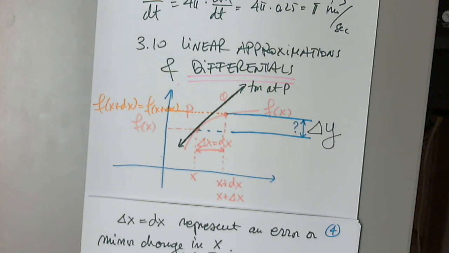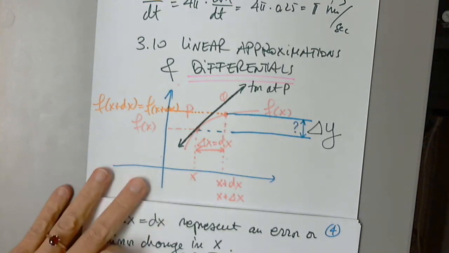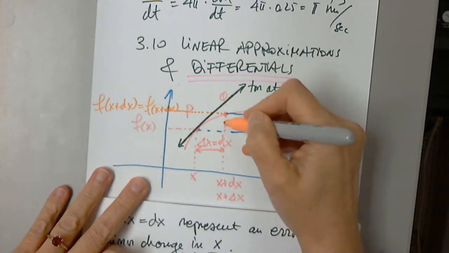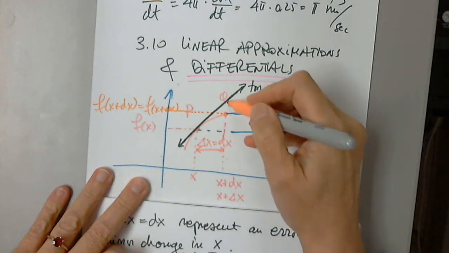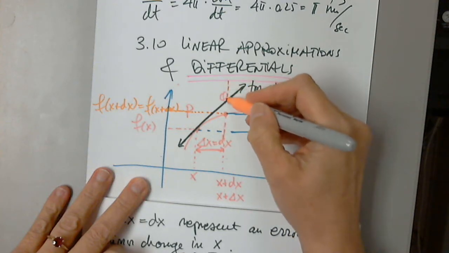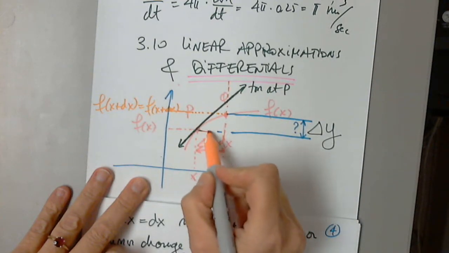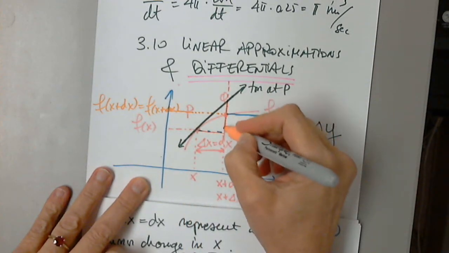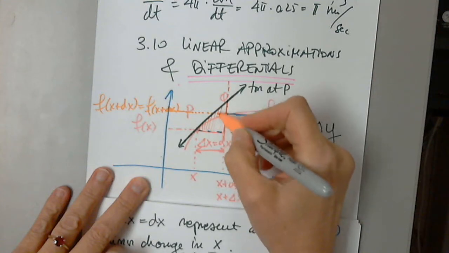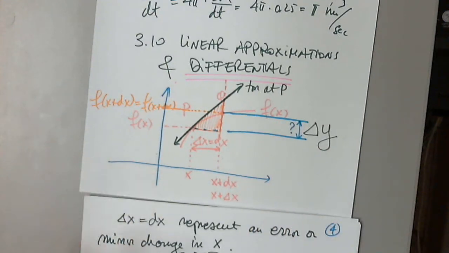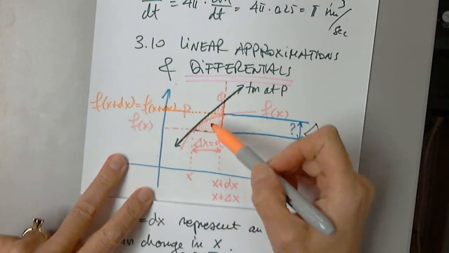Is this clear? Do we understand this concept so far? Okay, perfect. Now here's what I'm going to do next. I'm going to extend this vertical line at x plus dx to cross the tangent and create a right triangle.